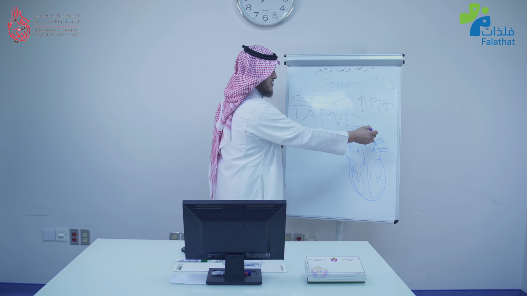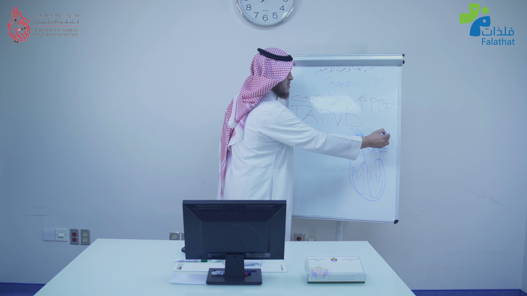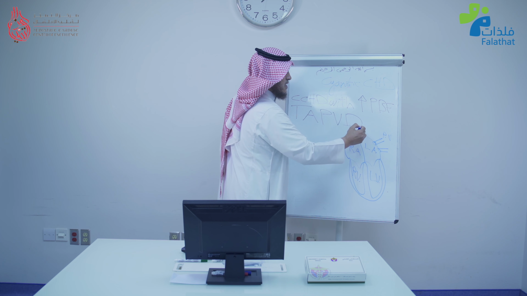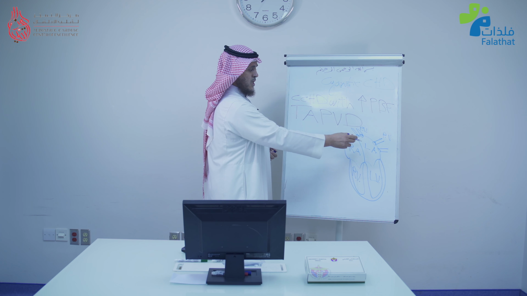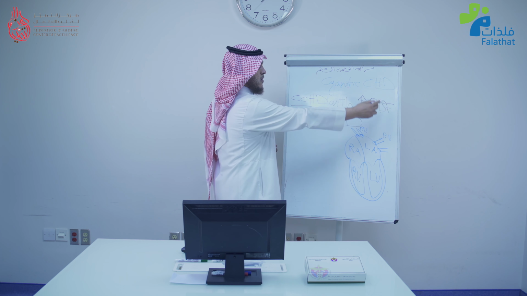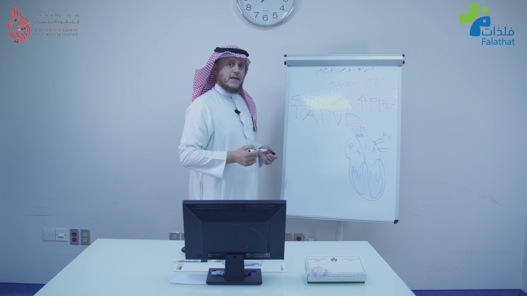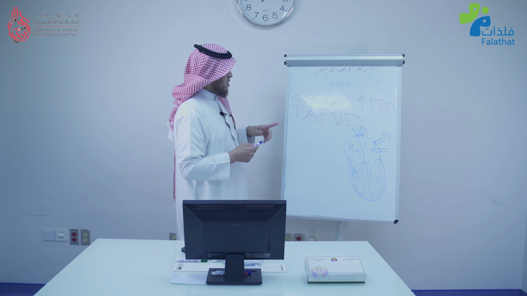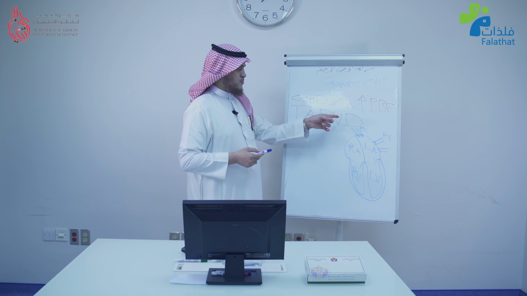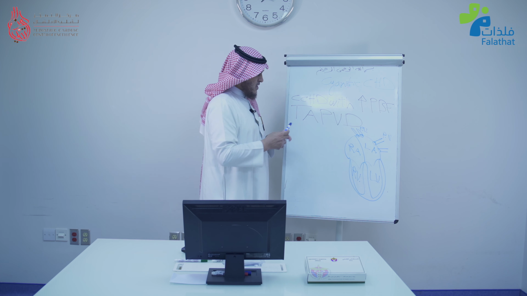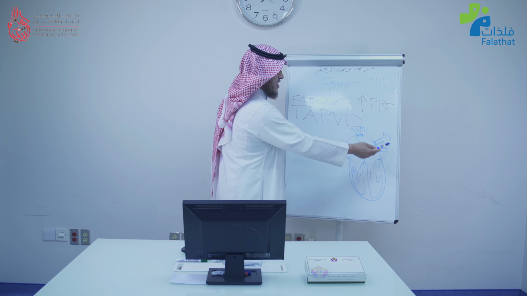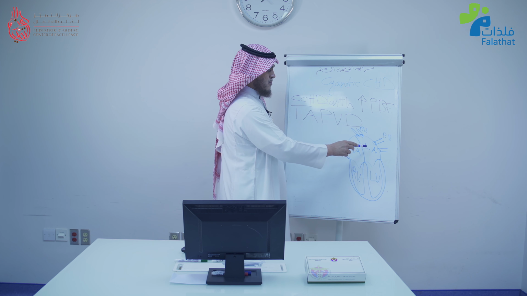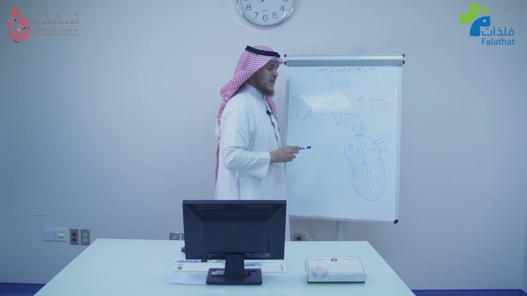And hence, these are the pulmonary veins. These are the left side and these are the right side. They come to the left atrium after being oxygenated from the lung. This is normal. So when we call total anomalous pulmonary venous drainage, that means these whole 4 veins are no more coming to the left-sided atrium.